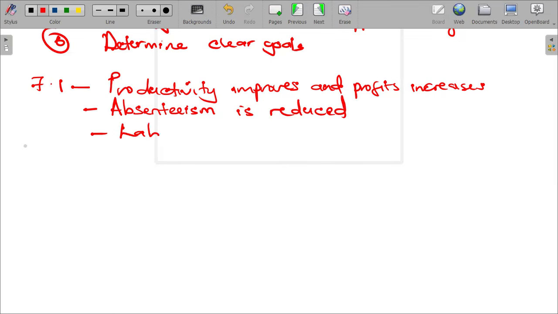Labor turnover is also reduced. And also motivation increases.